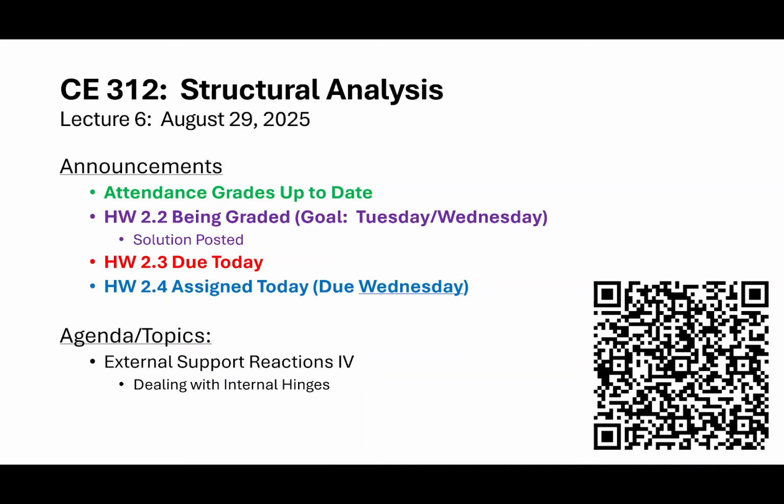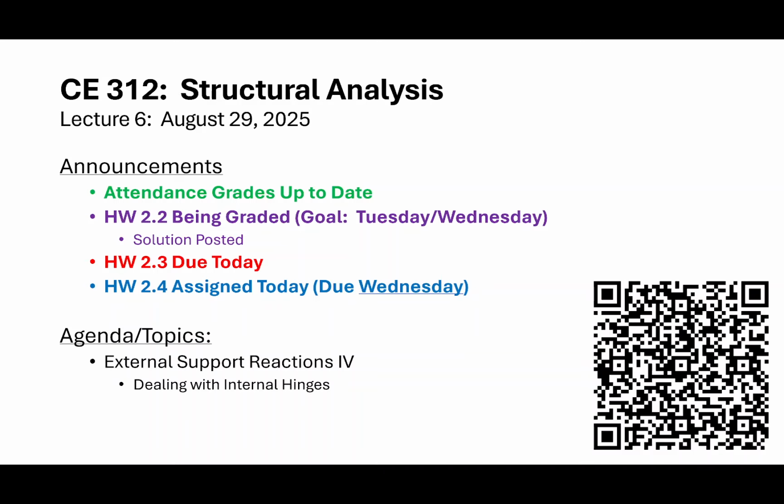I'm still working on grading homework 2.2, and I know you submitted homework 2.3 today. Between now and Wednesday, I'm going to chip away at all of the outstanding structural analysis homework so that when you come back, it's all graded and taken care of. I did grade the first homework for the vast majority of you that are in 321, so that one's done.